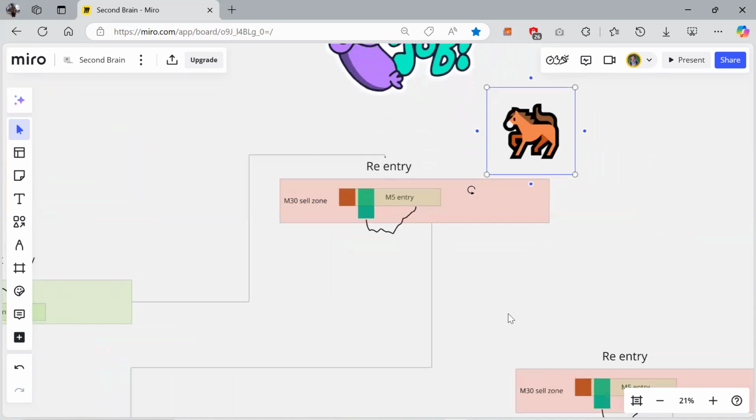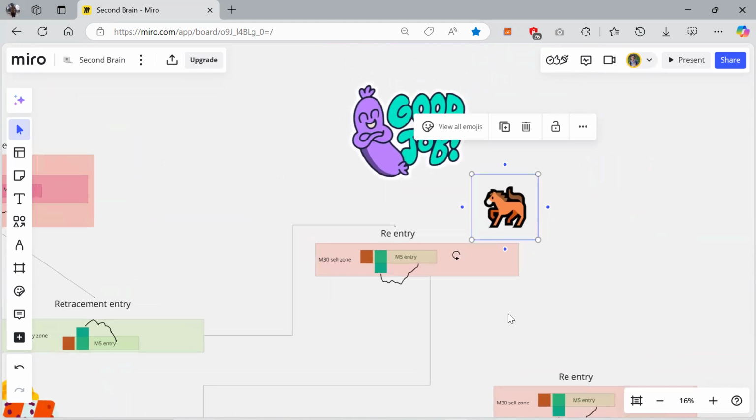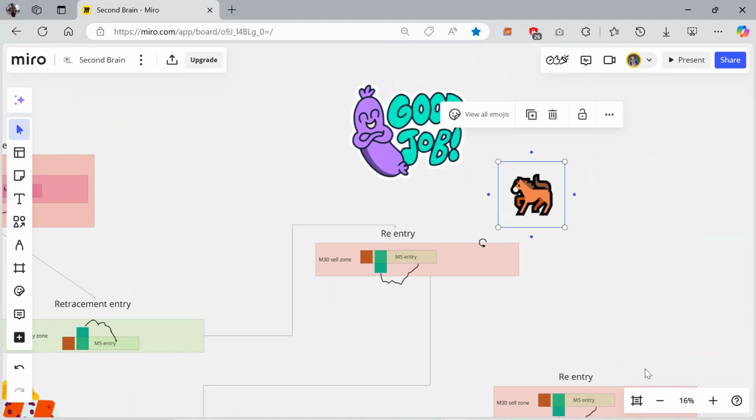And there again, we are going to repeat the same thing. If the price has come here, we are happy. Say good job to the horse, because he is doing what we want him to do. Inside the M30 sell zone, we are going to wait till the price prints a new M5 EG or an EF.